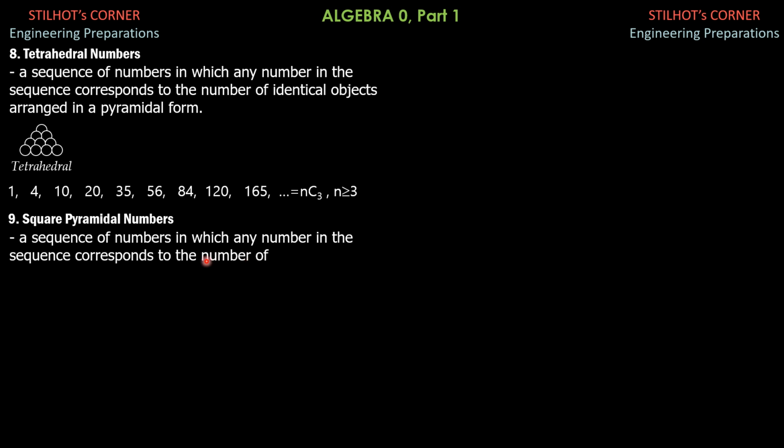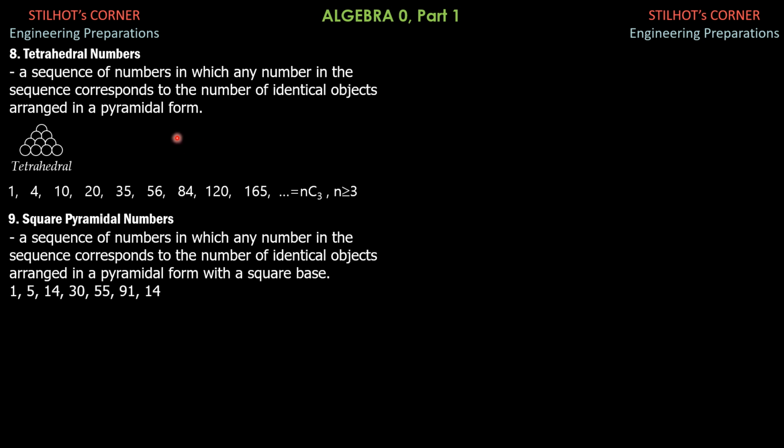So imagine that the topmost object consists of only 1, so the first square pyramidal number would be 1. Over it is the next layer, which is a perfect square, 2 squared is 4, so 1 plus 4 is 5.